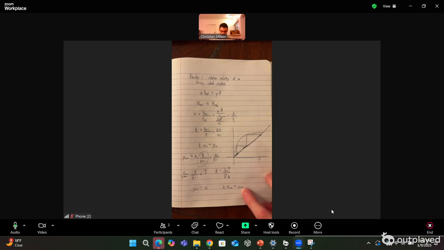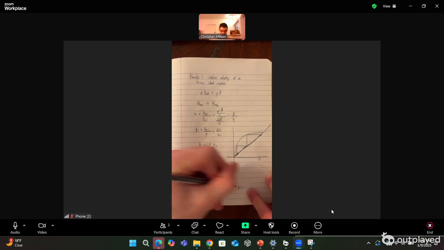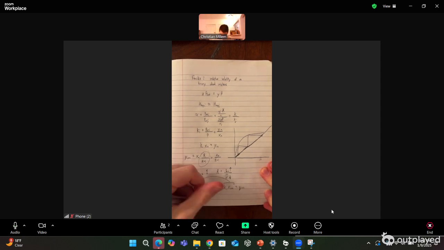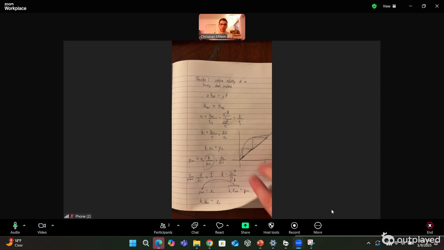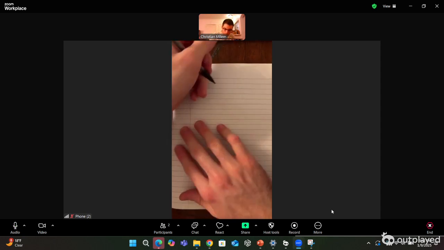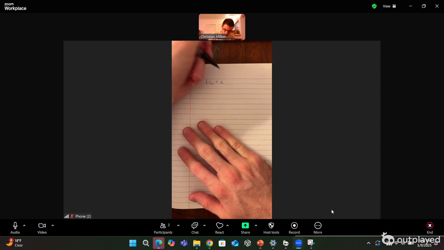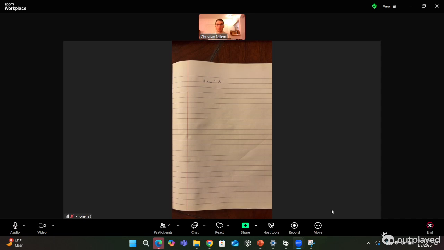Well, now we can substitute what we have right here in for y n plus 1. So ki times x n plus 1 equals xn. Let me flip the page because we're running out of room. Okay, let me rewrite this. ki times x n plus 1 equals xn. Okay.